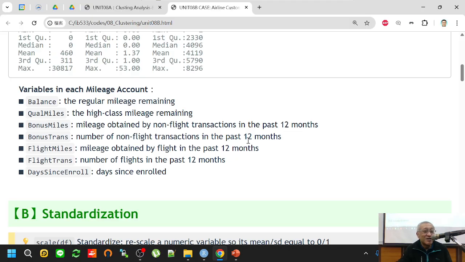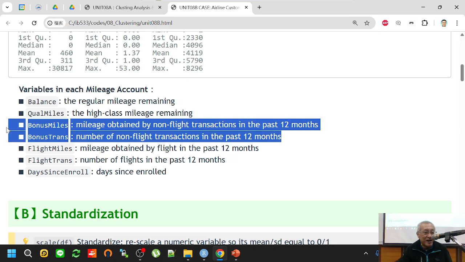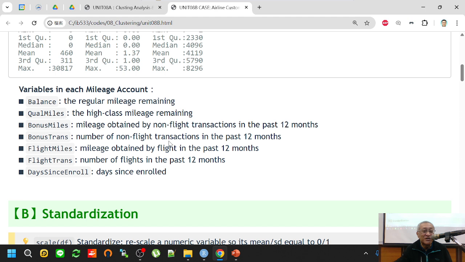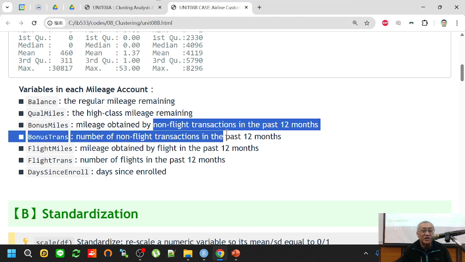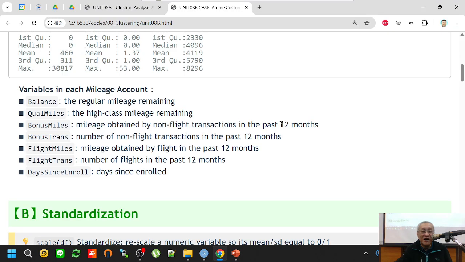So these two are not actual flying. They are just non-fly transactions, and you also earn mileage. So that is the number of times you do this non-fly transaction and the mileage that you earned in the last year.